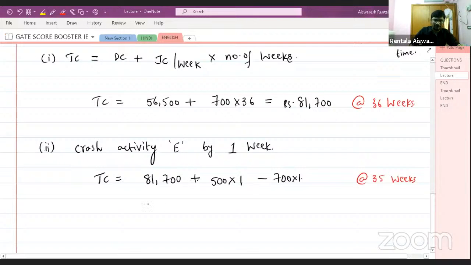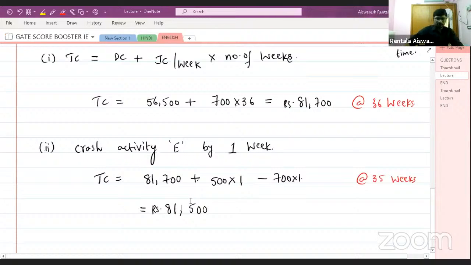So if I write this one, now you can see the net change will be minus 200. Okay, so 500 minus 700 is minus 200. So your total cost of the project is decreased. So 81 thousand, minus 200, it will be 81,500 rupees. Okay.